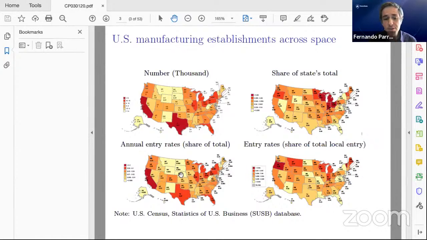The lower panels show a similar picture: a large spatial heterogeneity in the annual entry rates of firms. On the left-hand side, in absolute terms, and on the right-hand side, as a share of the total entry in a given state.